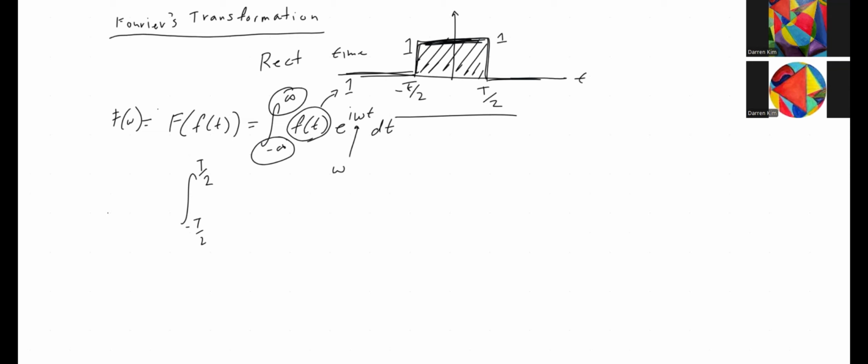Anyways, we solve the e to the i omega t, dt integral, and we finally get e to the i omega t divided by negative i omega, bracketed from negative t divided by 2 to t divided by 2. I hope this is cleaner than what I did previously, because I was told it wasn't clear enough most of the time.